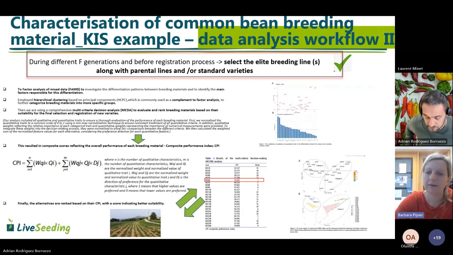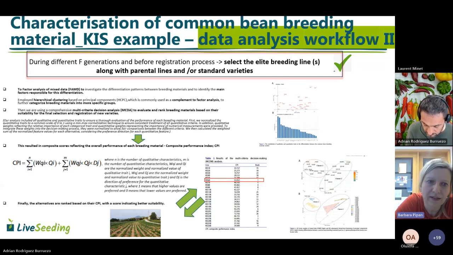Okay. And then a more advanced thing: factor analysis of mixed data is applied to investigate the differentiation patterns between breeding materials and to identify the main factors responsible for this differentiation.